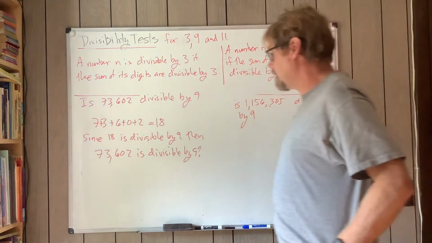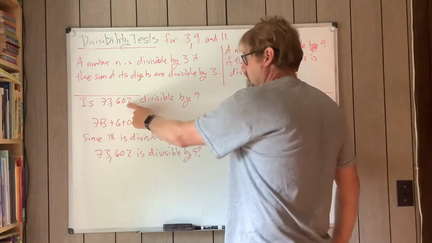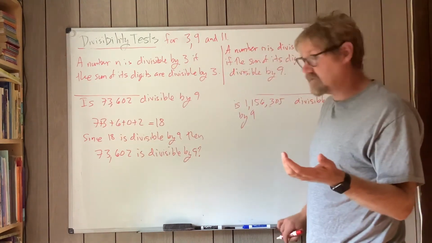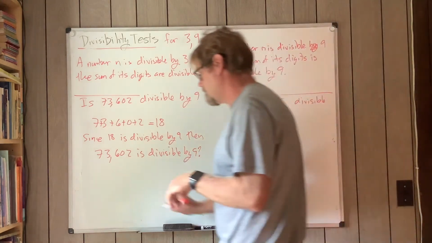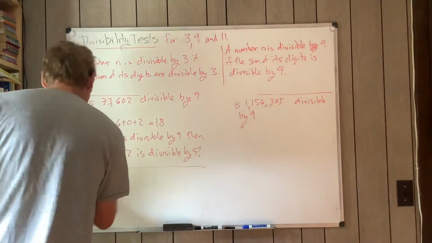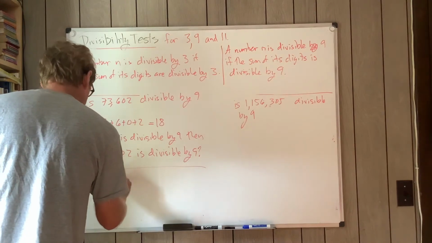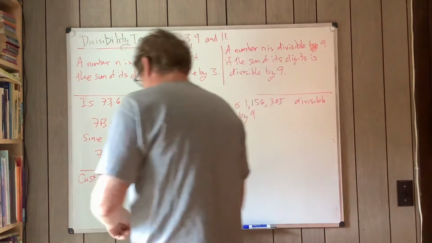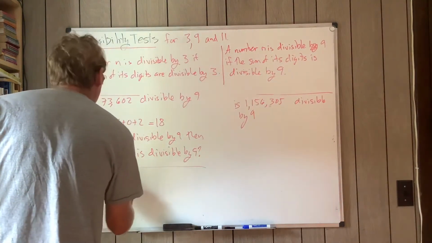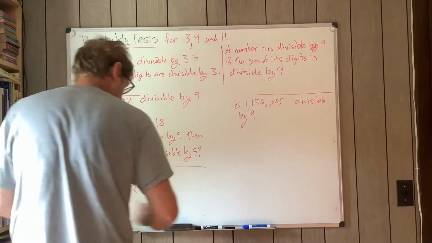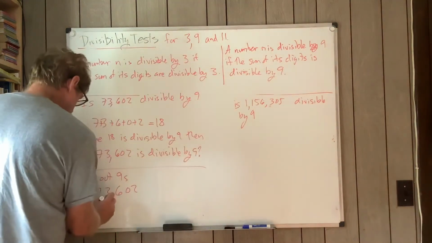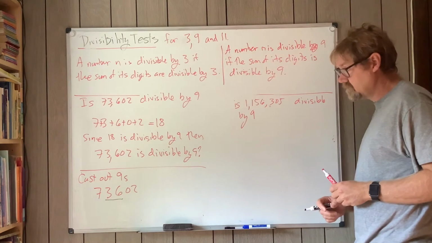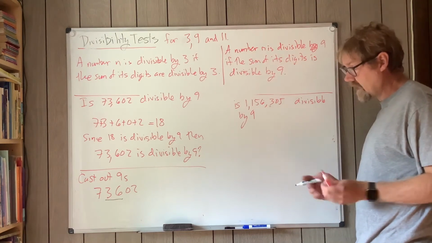Okay, now the other thing that I'm going to do is look at this and do the same thing. The only difference is I'm going to cast out 9s. So we're going to cast out 9s. Let me write it down again: 73,602. 3 plus 6, I add those together, I get a 9.